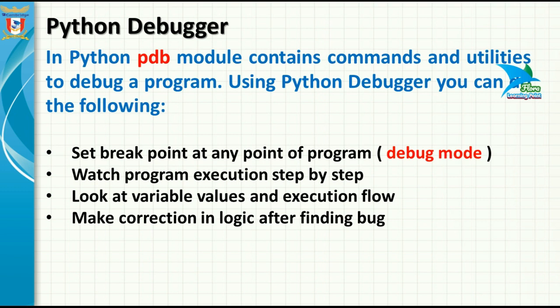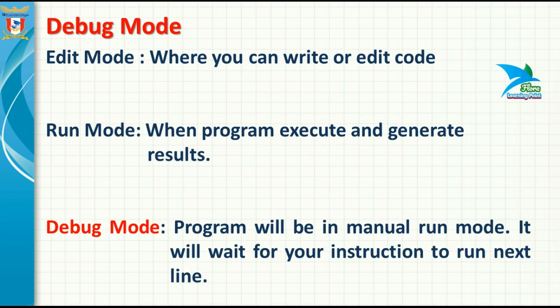After that, make a correction in the logic after finding the bug. When you detect the logical error, or bug, in a program, you have to correct that statement to perform debugging, that is, to correct the logic of that program.